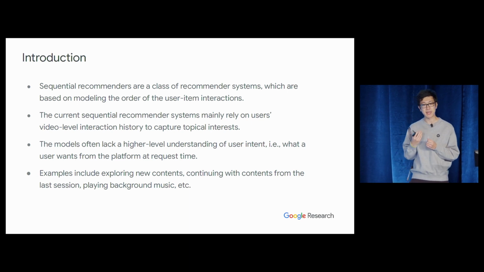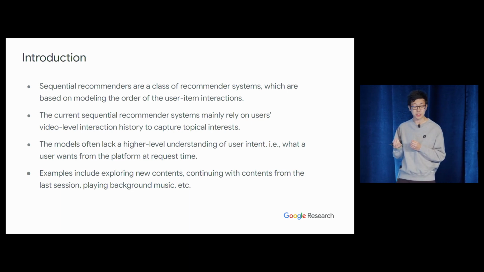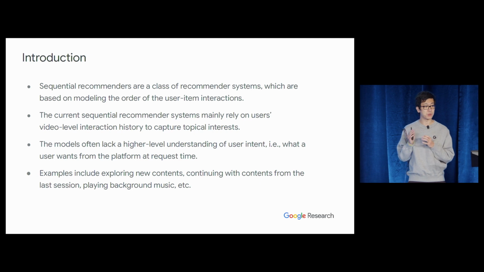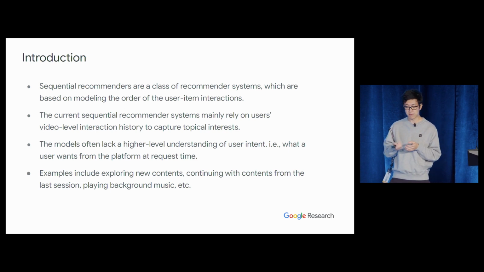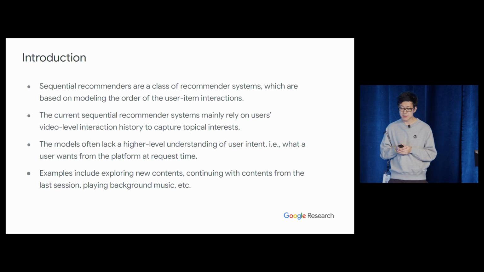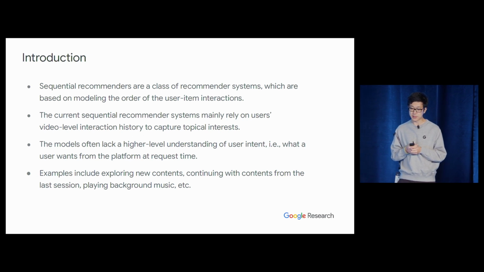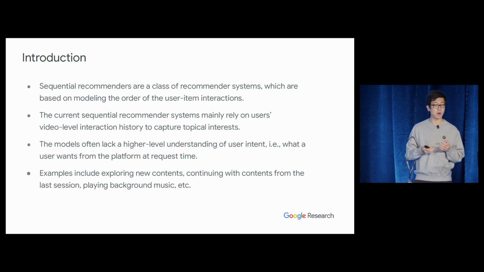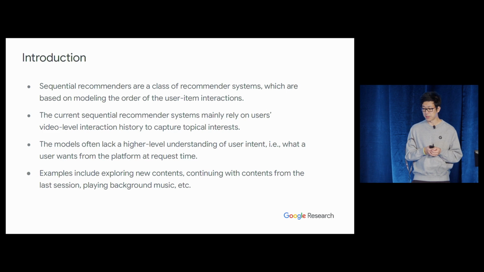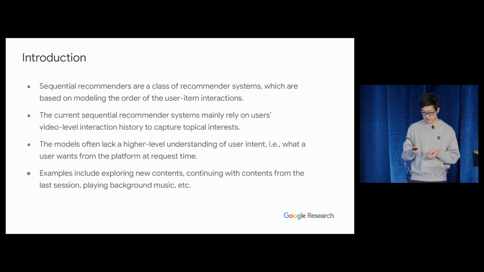By user intent, we mean what the user actually wants from the platform at request time. Again, the information we know about the user is only based on the item history, but we don't really know what the user wants from the platform. Some examples of user intent could be exploring new topics or new content, continuing to consume the content from the last session, or even playing some background noise or background music.